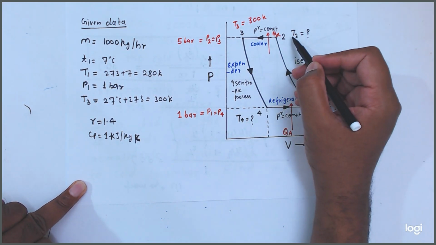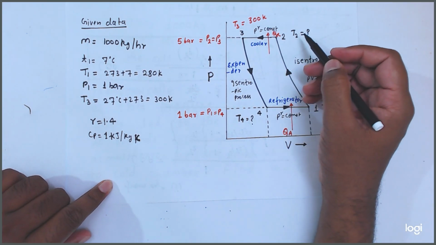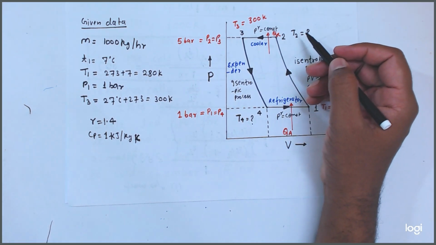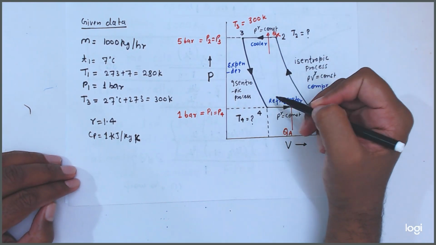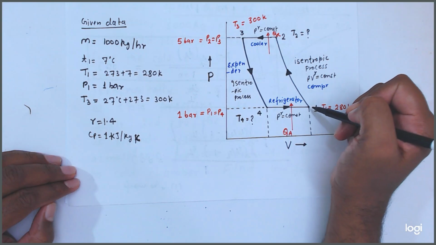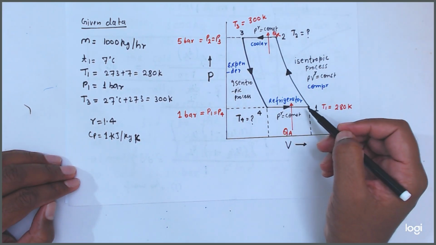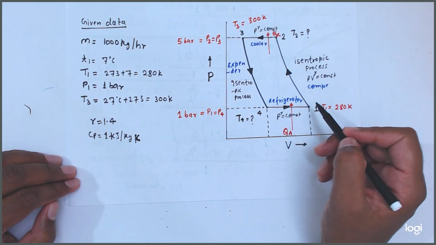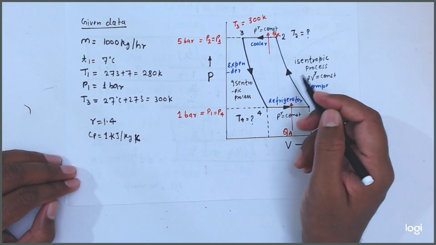Why? Because if you are able to find these temperatures, then the problem will be easily solved. So first, friends, we will try to find all temperatures at points 1, 2, 3 and 4.